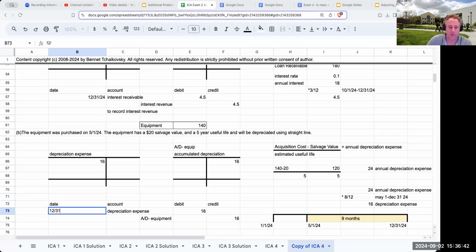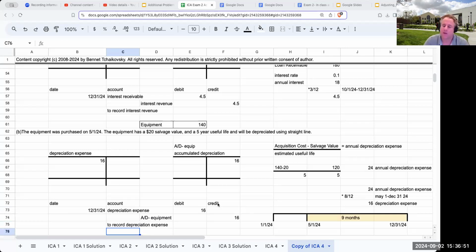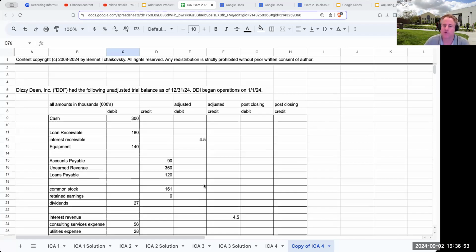So this will also be as of 12/31/24, but I'm not done. I need a description to record depreciation expense. Okay. Now I'm going to put this up into the trial balance. So over here, I'm going to have accumulated depreciation on equipment. Remember, this is a contra asset account. It's going to reduce the carrying value of the equipment.